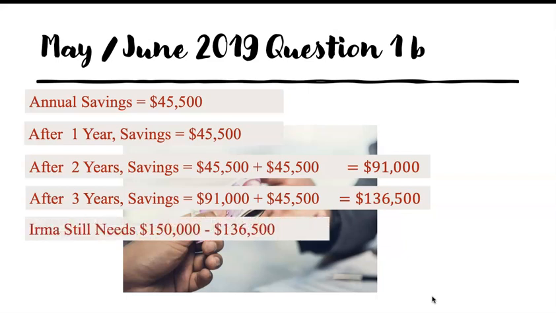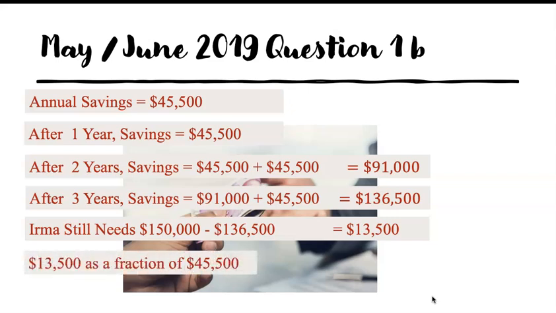How much more does she need? So after the 3 years, she's short by $13,500 to get to $150,000. Right, so after 3 years of savings, she'll still need $13,500. Now what we're saying is, if her savings for the year is $45,500, right, what fraction of the year does $13,500 represent?